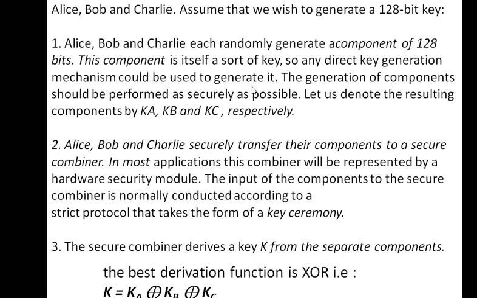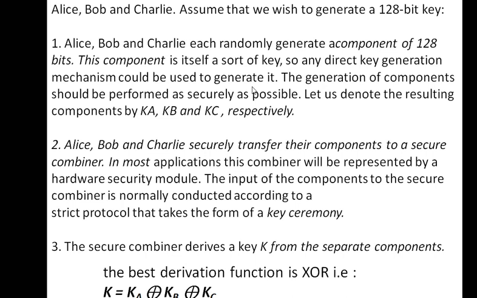Alice, Bob and Charlie securely transfer their components to a secure combiner. In most applications, this combiner will be represented by a hardware security module. The input of the components to the secure combiner is normally conducted according to a strict protocol, that is a key ceremony.